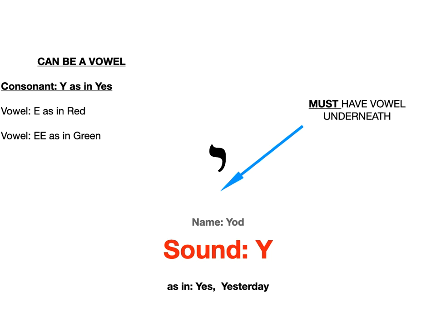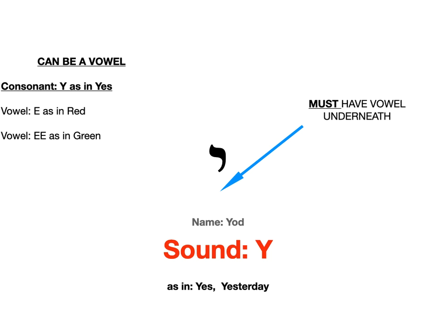The grammatical name is yod, the sound is y, like yes or yesterday. Now, just like the vav, which can be a vowel, so does yod. Vav could be an o or u sounding vowel, and yod can also be a vowel.